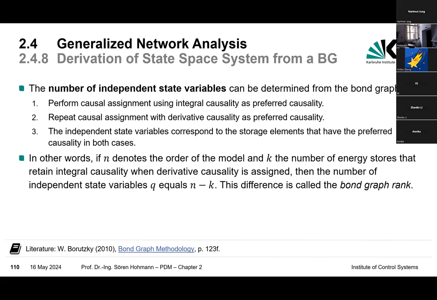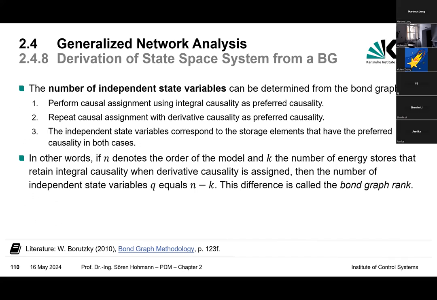So we don't have to do it. The computer is able to calculate the number of states by means of this simple procedure, because it does the causality assignment twice, once with integral causality as preferred causality, and once with derivative causality.